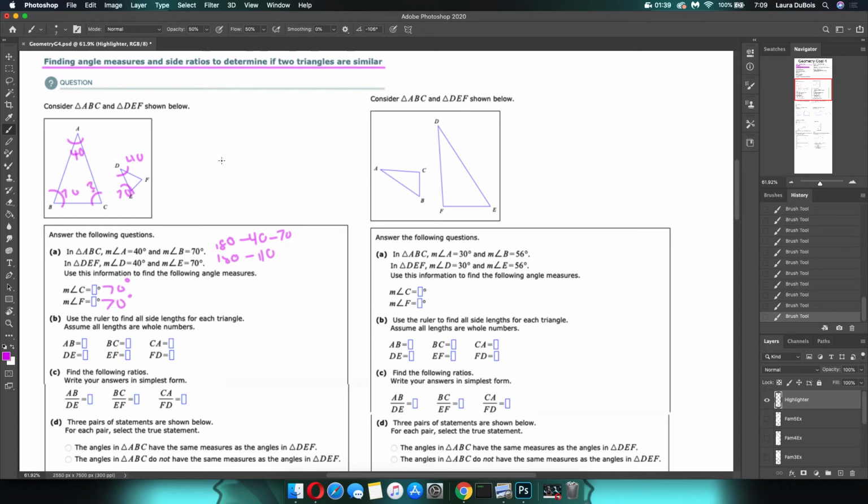So use the ruler. Again, this is one of the ones where you have one of those manipulatives in the software where they actually give you a ruler and then you have to measure it out. I don't have that ability here, so I'm going to make up some numbers just for the sake of argument. So we're going to say 4 and 4, and we'll call this 5.